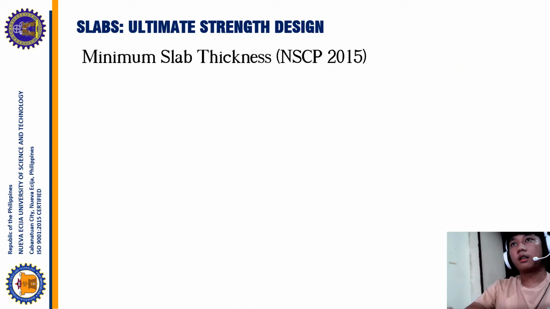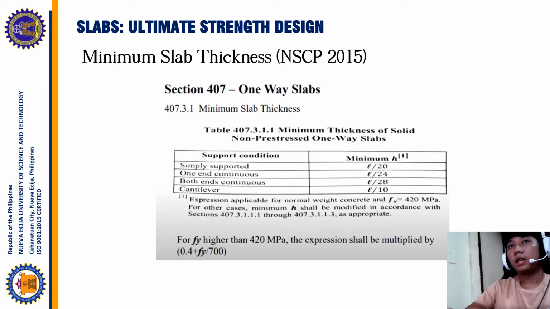So according to the NSCP 2015, we have the minimum slab thickness. So in Section 407, one-way slabs, the minimum slab thickness is written in the code. So we have here the simply supported, the minimum H is L over 20.